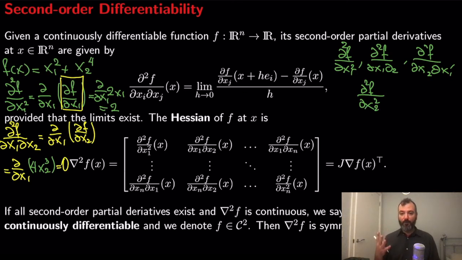We have 4 such derivatives. However, good news, these two are equal to one another, provided they are continuous. And these 4 functions, if I put them in a matrix, define the so-called Hessian of f.